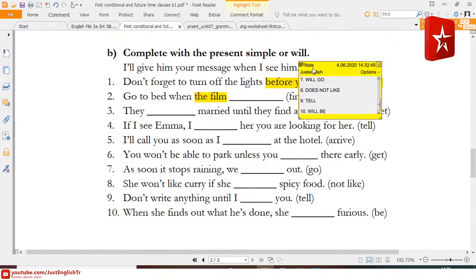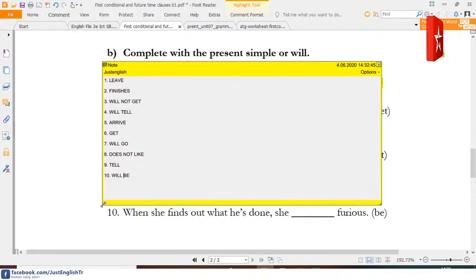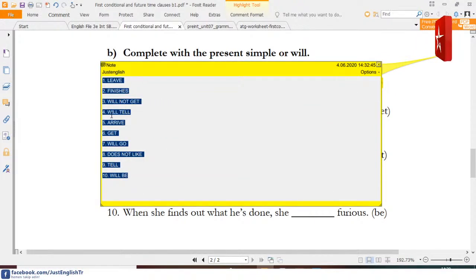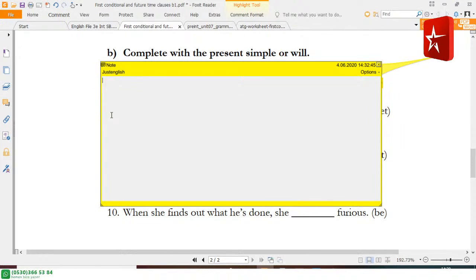Yes, and I'm gonna write the sentences here in order to complete. I will get your own ideas. For example, if I get $1 million, where is the dollar symbol? I couldn't find. Okay, $1 million like this.